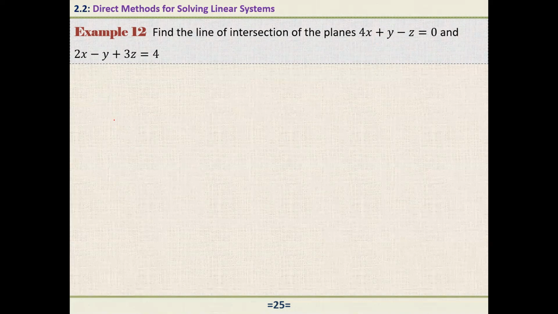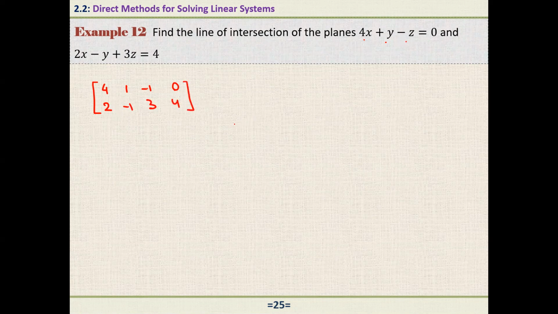So here we form the augmented matrix: 1, 1, negative 1, 0. The second row is 2, negative 1, 3, and 4.